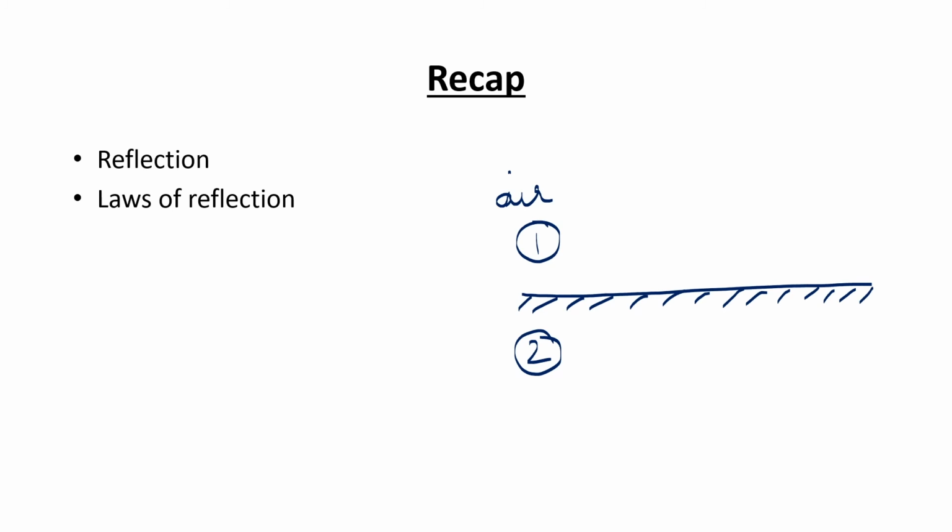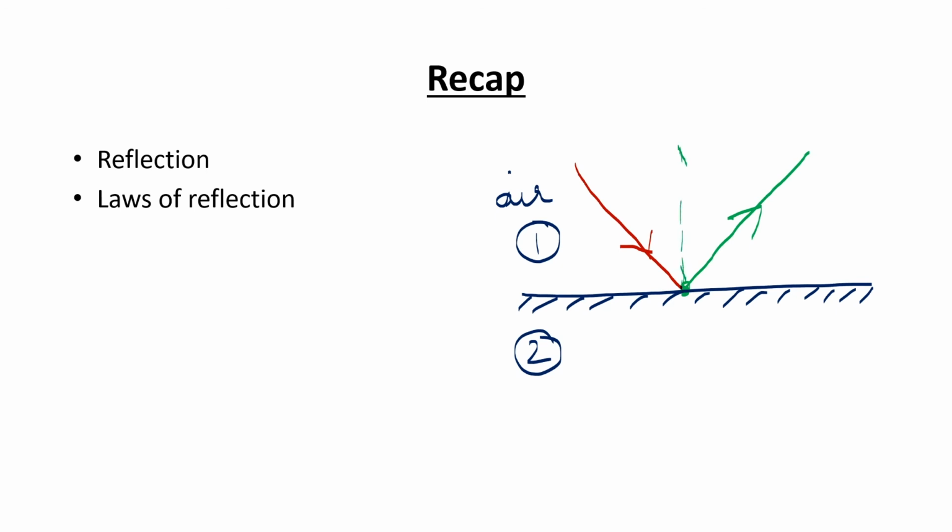And if a light ray is falling from medium 1 to medium 2, a portion of this light ray is reflected back. This is the reflected ray. At the point of incidence, you draw a perpendicular line.